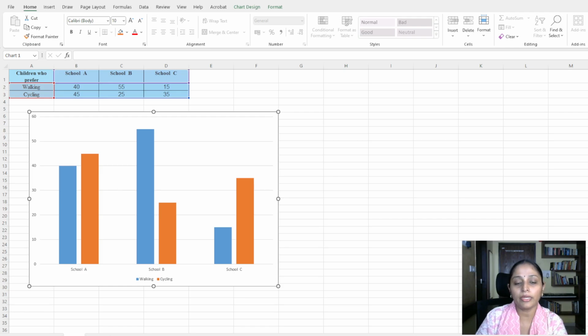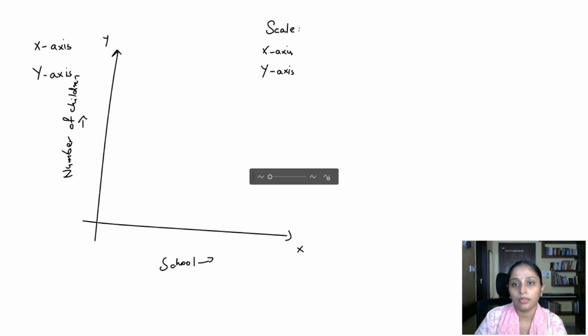So you can take 1 centimeter as 5 students, or you can take 1 centimeter as 10 students, and you need to mention that in your scale. Here you will be mentioning what your scale is going to be. Y-axis, 1 centimeter is equal to, let us say, 5 students. Then for 50 I need 10 blocks, which is fine.